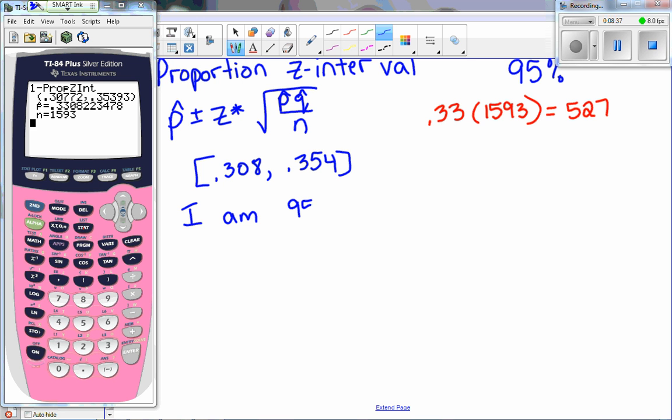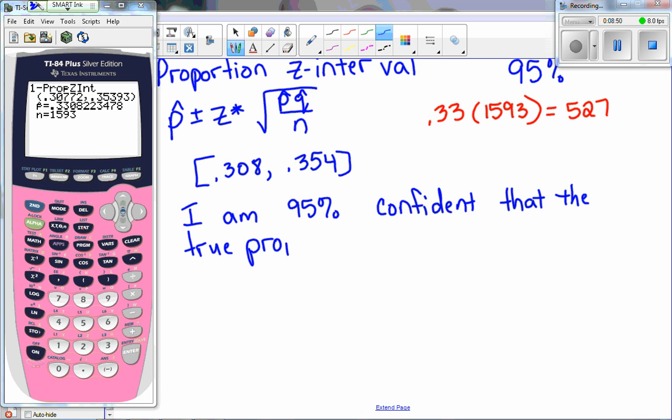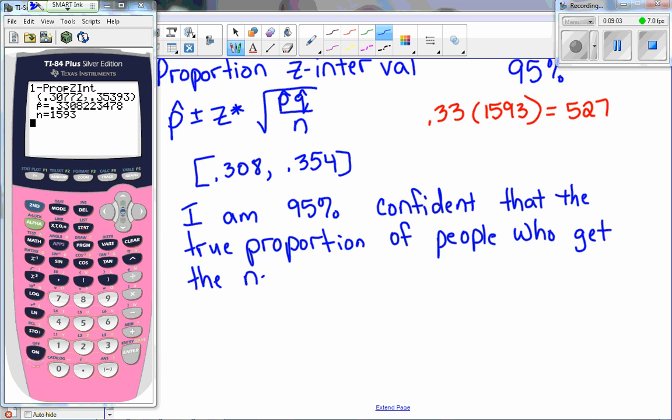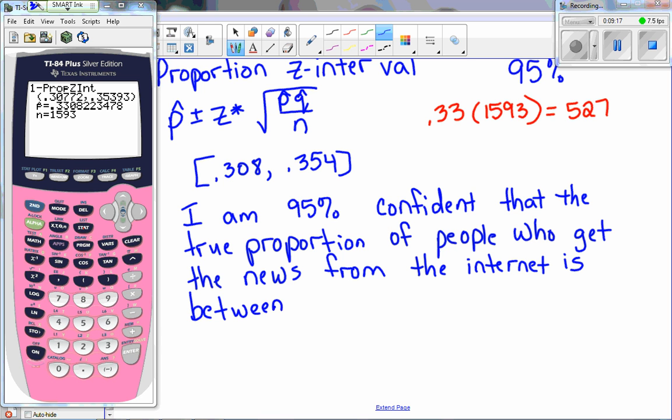I am 95% confident that the true proportion of people who get the news from the internet is between 0.308 and 0.354.